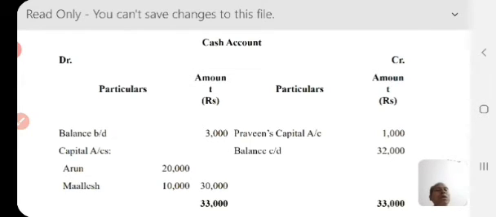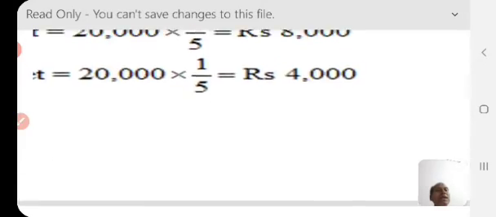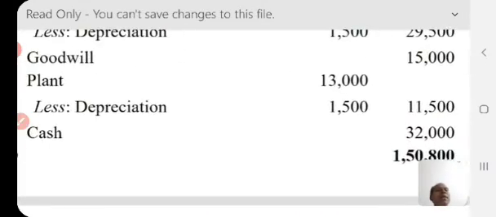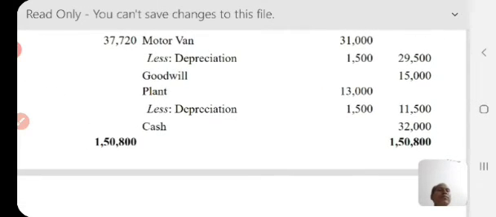So this 32,000 is mentioned here in the balance sheet, 32,000 cash.